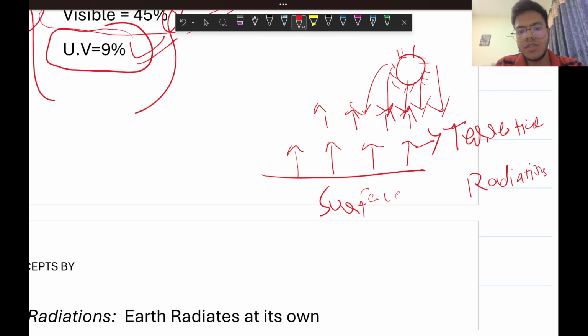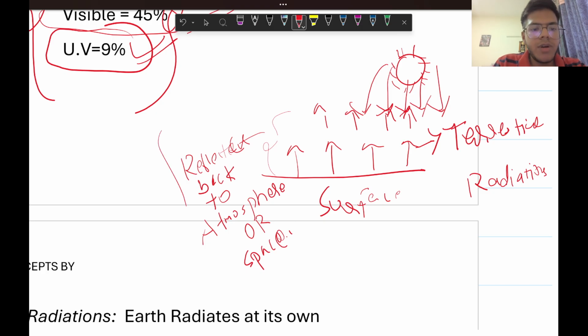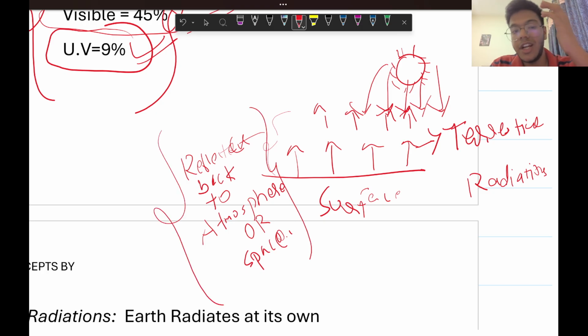These are the radiations which are reflected back to the atmosphere, or you can say to space. Okay, so I hope guys this is clear to you.